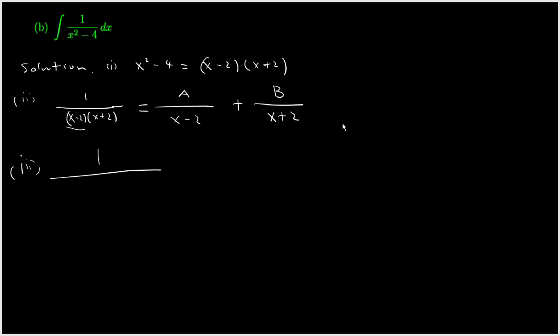To determine the constants, you compute the right-hand side. You treat these two terms as two fractions. You just perform fraction addition. I think all of you know that.